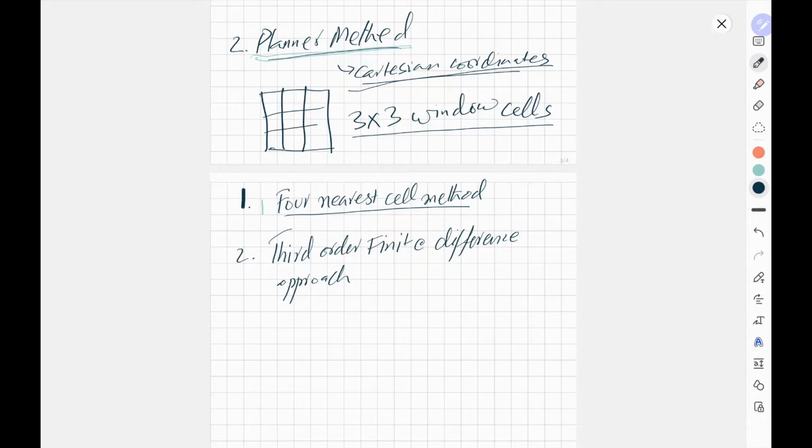The first one is also known as the simple approximation method. It is also known as Rook's move. It is also known as NSEW: north, south, east, west.